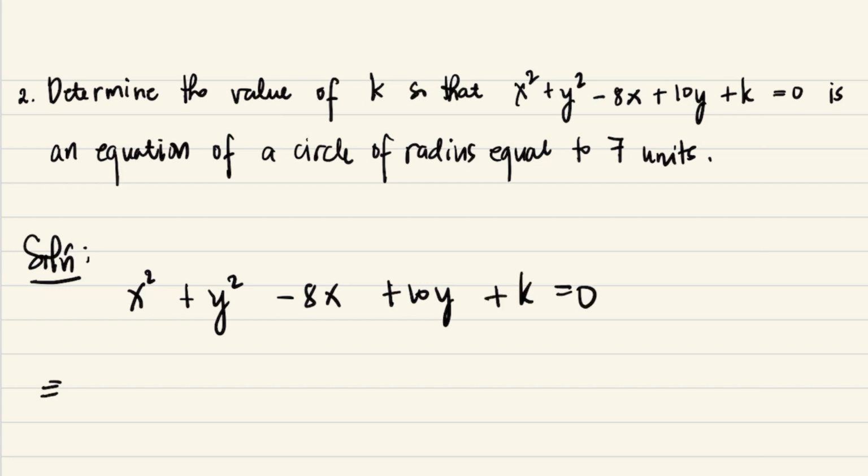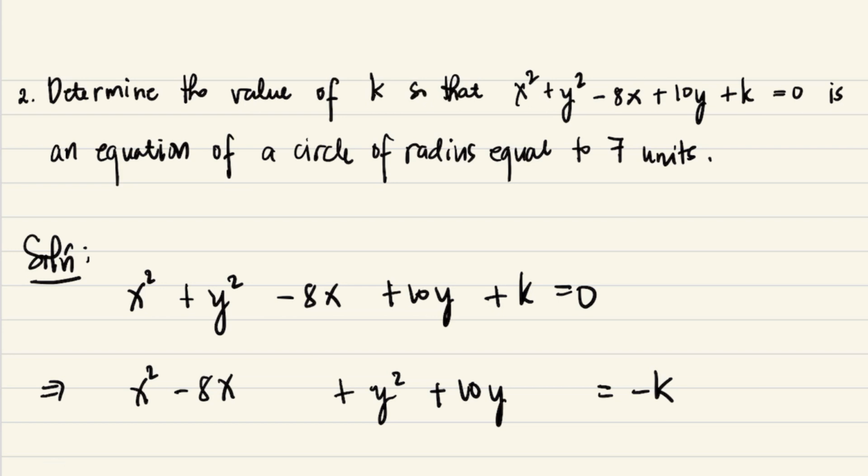If I rearrange that, I would get x squared minus 8x plus y squared plus 10y equals negative k. Then I want to convert this group of x terms to create a perfect square term, and the same with the terms having y as the variable.